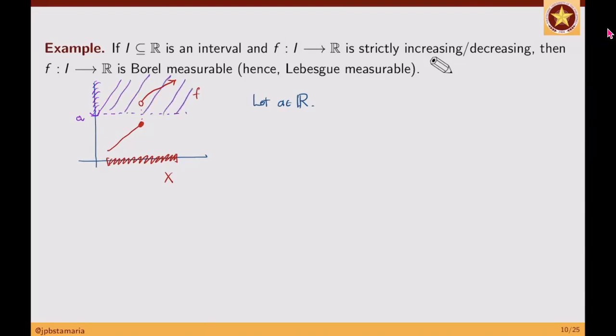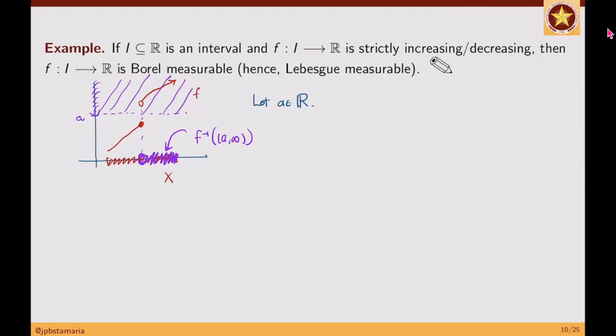Mula dito, open yan ha, hanggang dun. Ito yung f inverse of A to infinity. As you can see, kahit paano ko i-move si A, taas or pababa, yung inverse image niya is always what?